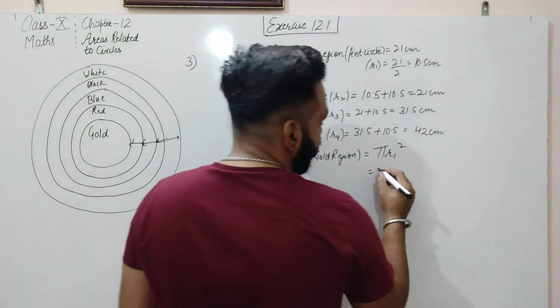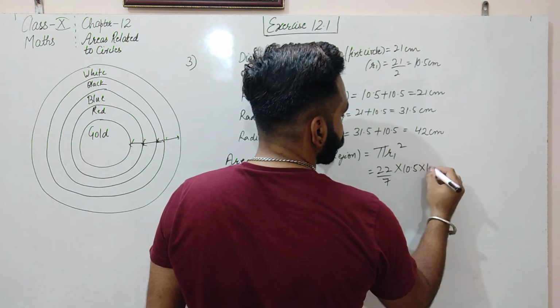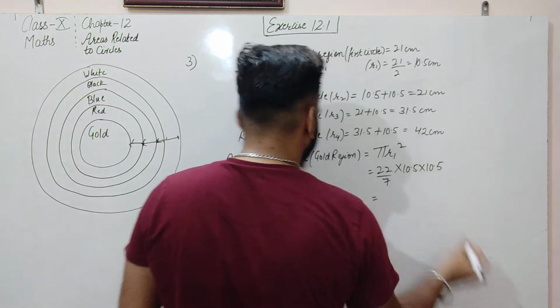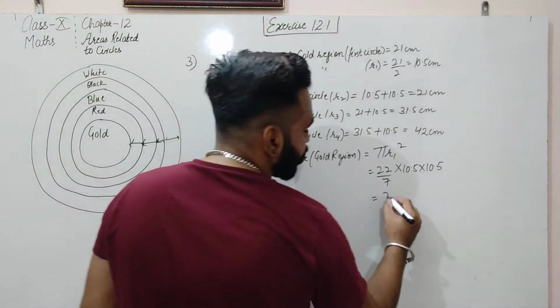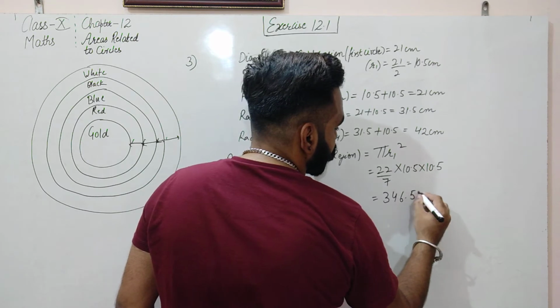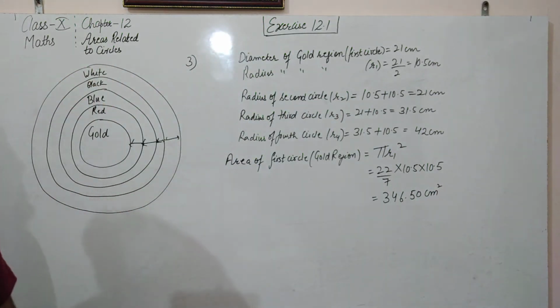So the pi is 22 by 7, area is 10.5 into 10.5. The answer will be equal to 346.50 centimeter square. So this is the area of the gold region.